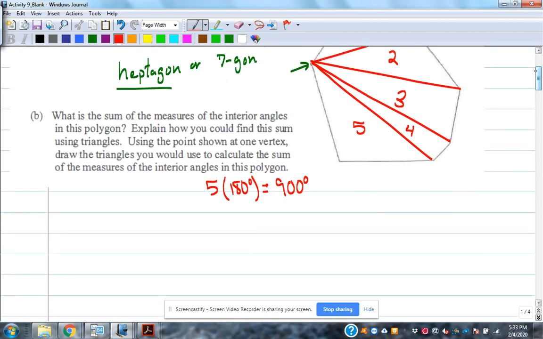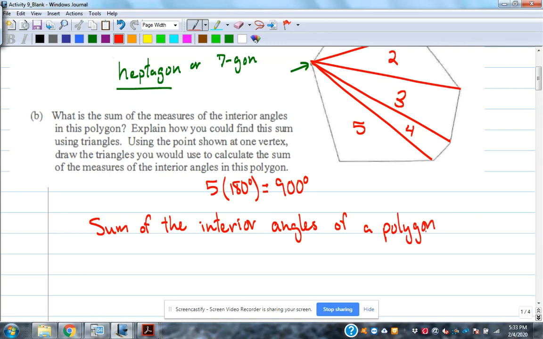There is a formula that you learn in geometry class, and in elementary geometry it's taught as a formula as well, that the sum of the interior angles of a polygon is 180 degrees times n minus 2, where n is the number of sides.